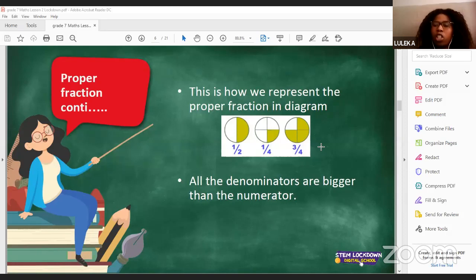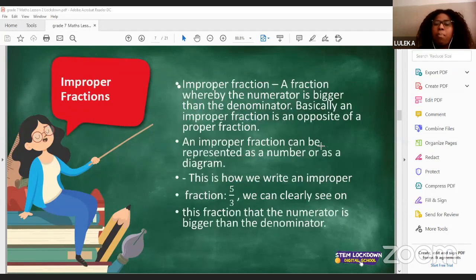We're done with proper fractions. Now we're moving on to improper fractions. An improper fraction is the opposite of a proper fraction, because it is a fraction whereby the numerator is bigger than the denominator. In the foundation phase, because they normally use tangible things, we say an improper fraction has a big head, so the kids will never forget.